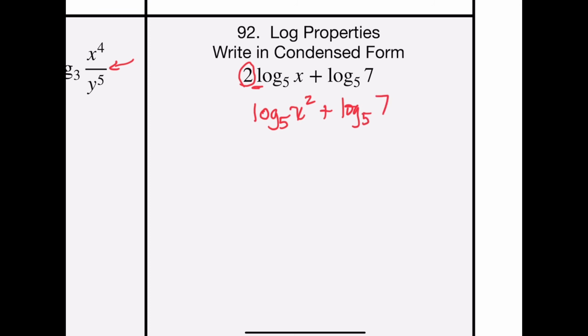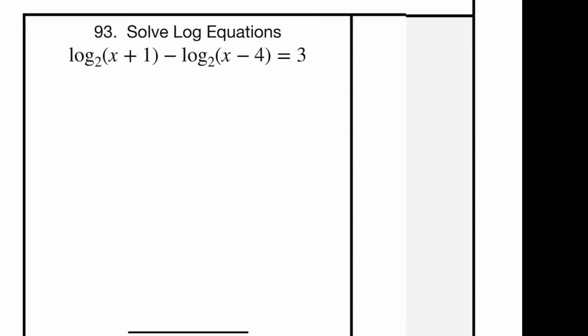The plus sign, or the adding of the two logs, indicates that the arguments are being multiplied, very similar to the exponent rules. So in condensed form, x squared times 7 is 7x squared. So I would have log base 5 of 7x squared.